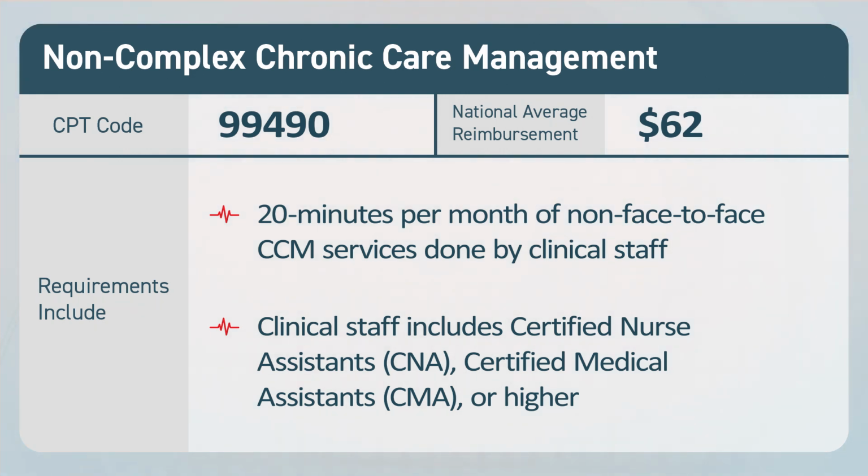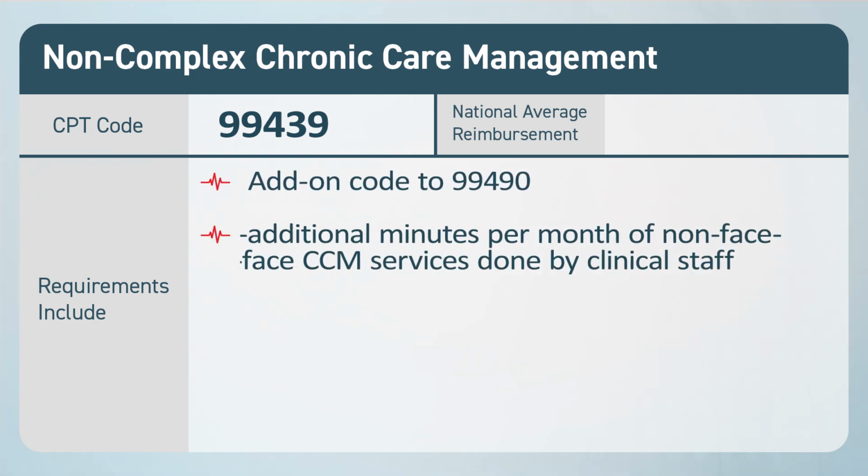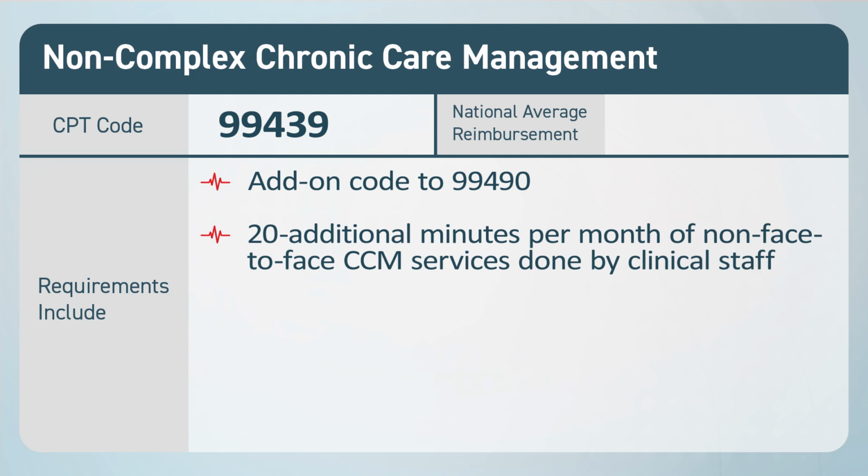The next code is the add-on code 99439. It is an add-on code to 99490 and is for an additional 20 minutes of non-face-to-face CCM services done by clinical staff. 99439 has a national average reimbursement of $47.